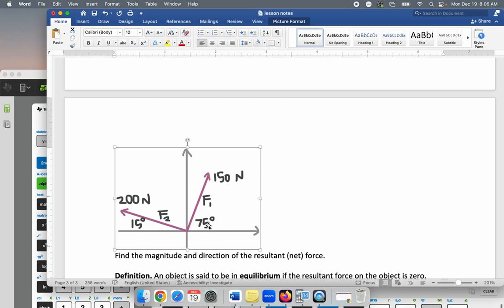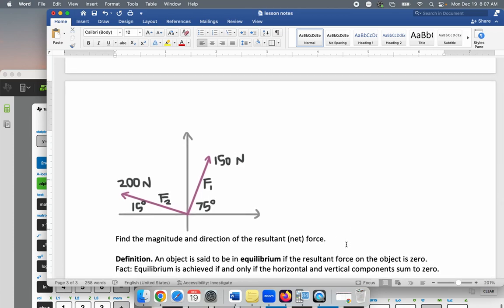And that force is acting 75 degrees off the positive x-axis. And then force 2 is acting with a strength of 200 newtons in the direction of 15 degrees off of the negative x-axis. And what we'd like to do is to find the magnitude and direction of the resultant or net force.